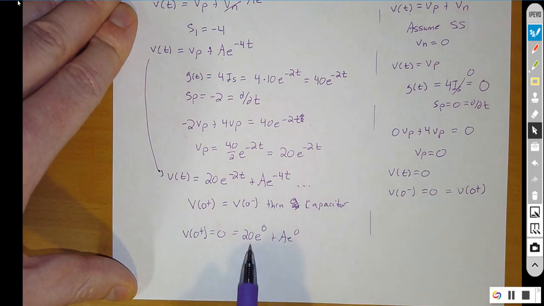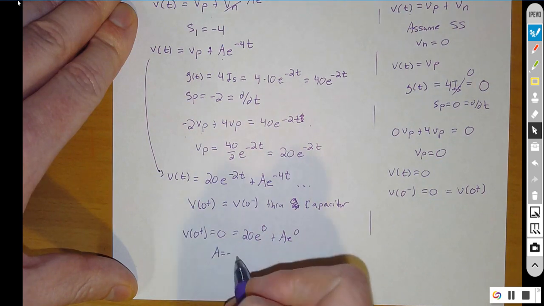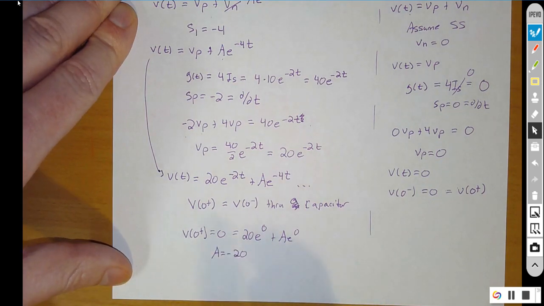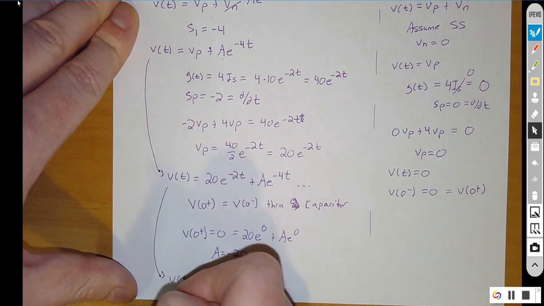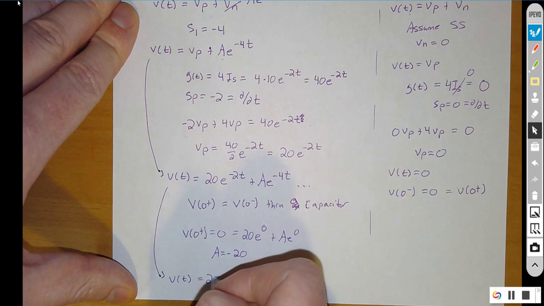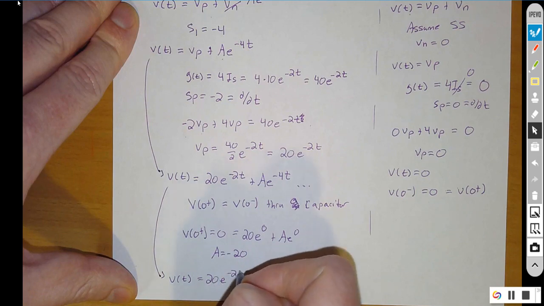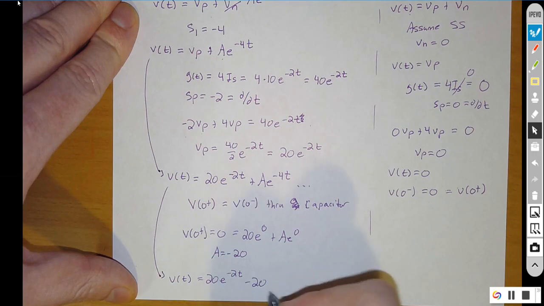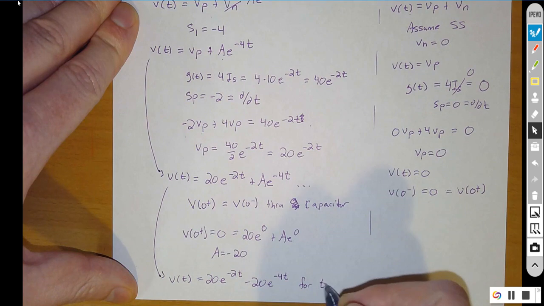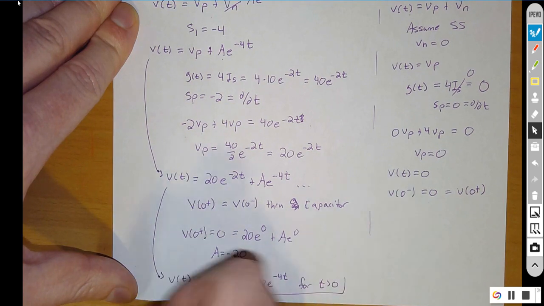And when I do this math, I'm going to get 0 equals 20 plus a, or a is equal to negative 20. And then I write my function one last time. V of t is equal to 20 e to the negative 2t minus 20 e to the negative 4t, for t greater than 0.